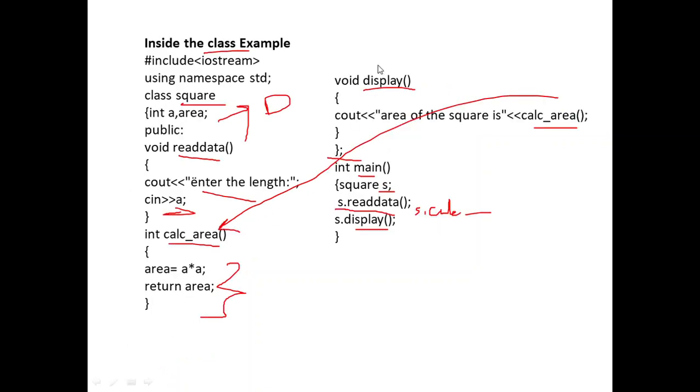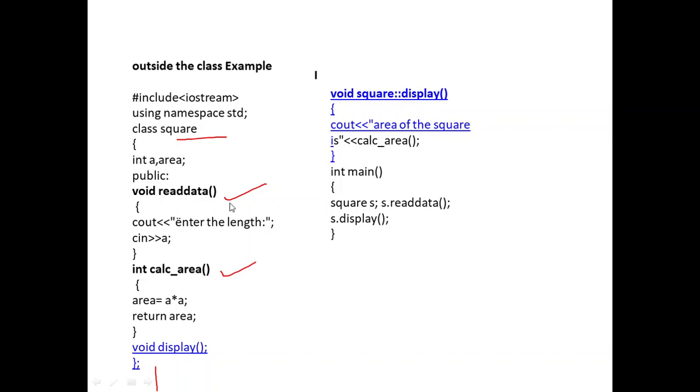In the previous example we defined it within the braces of the class, but here we haven't defined the display function. So here there is only the function declaration within the class, but no definition. This is an example for outside the class.